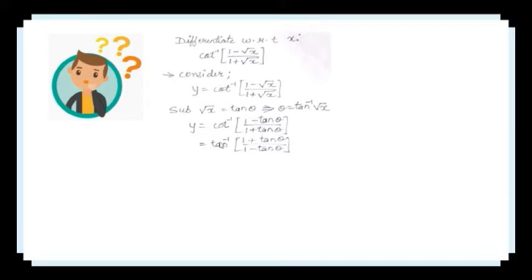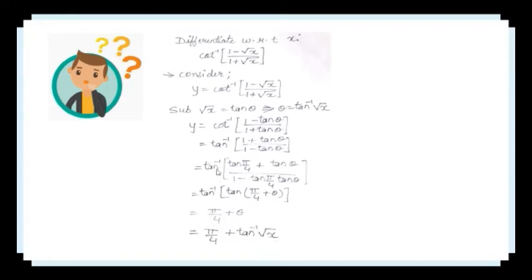So I can write this as tan inverse. Plus and minus will change, so I have written (1 plus tan theta) upon (1 minus tan theta), because we can write it in the form of tan inverse. Then the numerator 1 I can write as tan pi by 4. So I can write this as tan inverse of (tan pi by 4 plus tan theta) upon (1 minus tan pi by 4 tan theta).